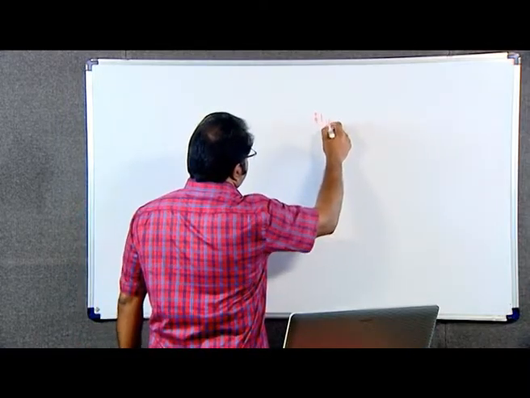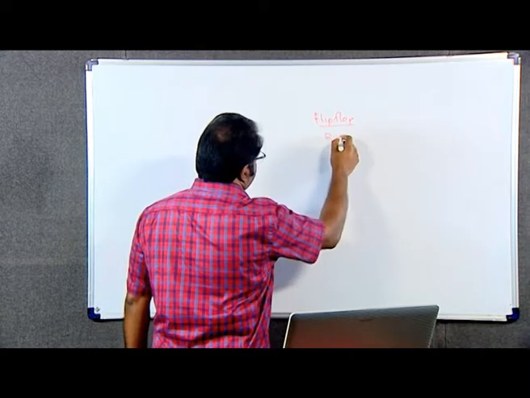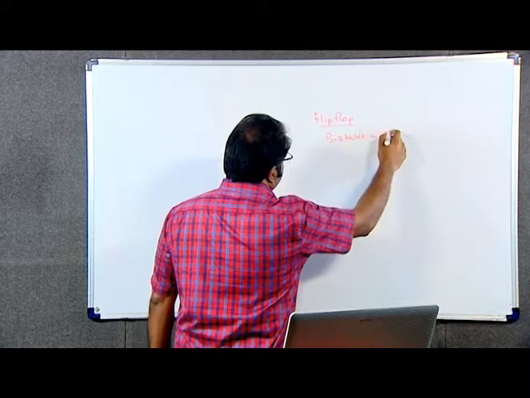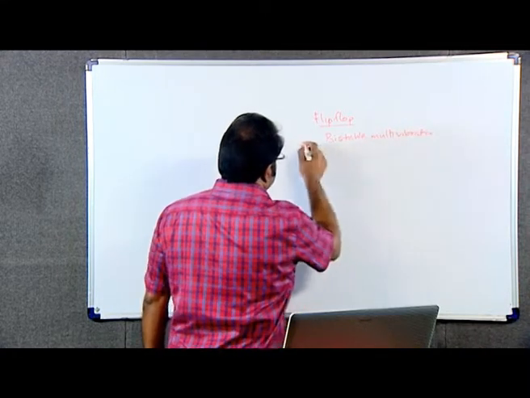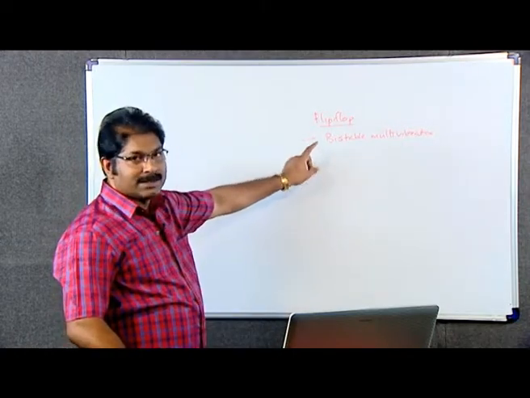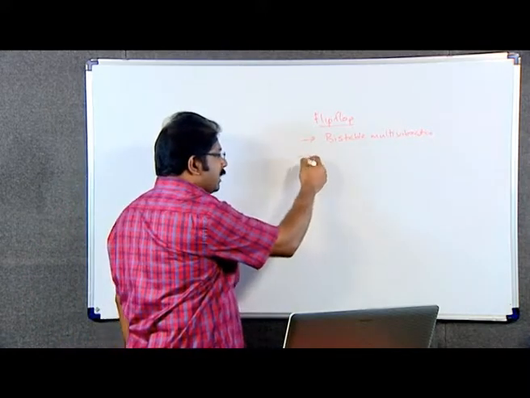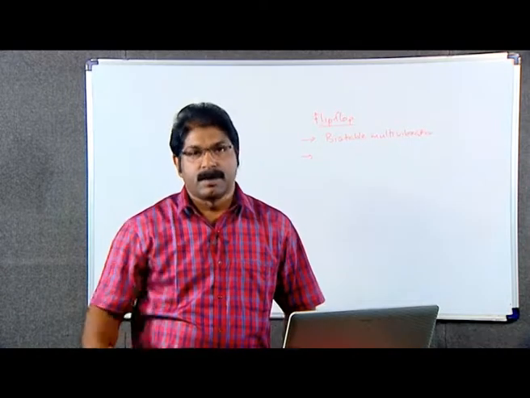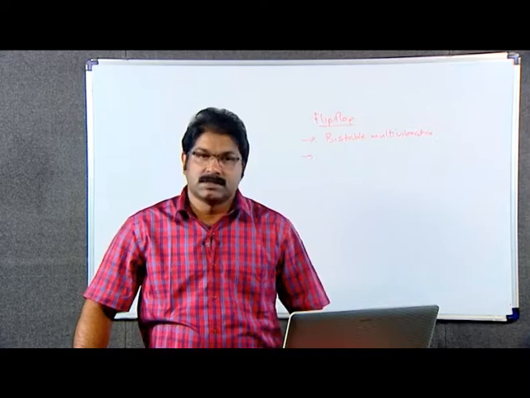A flip-flop is a bistable multi-vibrator. That is how we describe it electronically. Now, it has the special capability of storing a bit of memory, or it is capable of serving as a memory element.